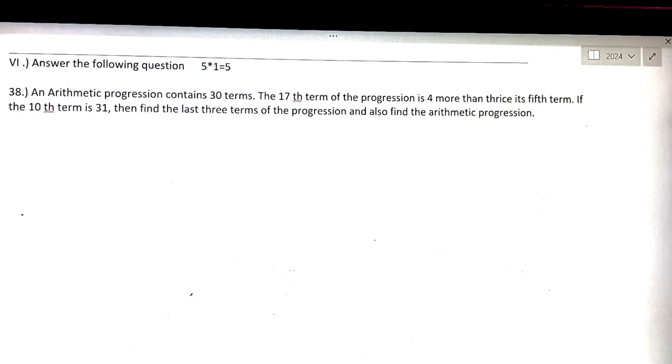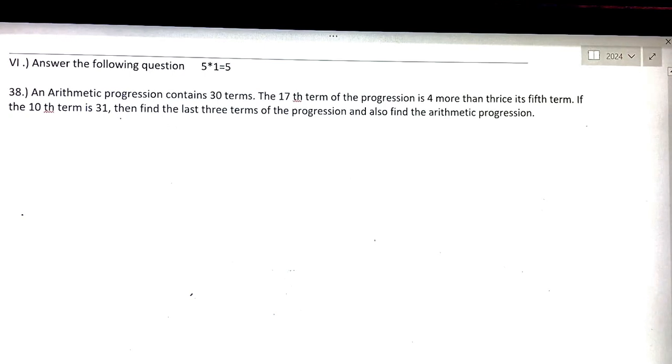So now let's write what is given here and what do we need to find. Okay, so first, an arithmetic progression contains 30 terms. Okay, that means the given progression contains 30 terms, till A30 we have.